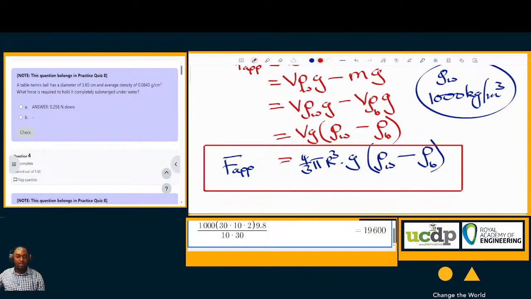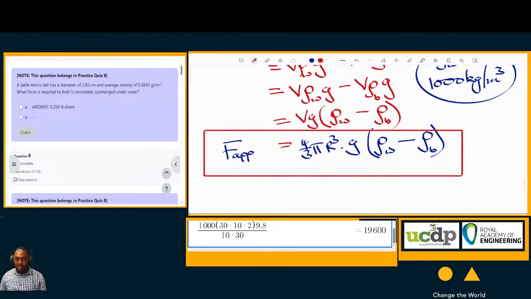But remember, as you do the substitution, make sure the diameter is converted into a radius in meters, and also that your density of the ball has been converted to kg per cubic meter. You should then be able to obtain your answer as shown there. I'll not break it out further. You will do it just to check and see if you get that value.